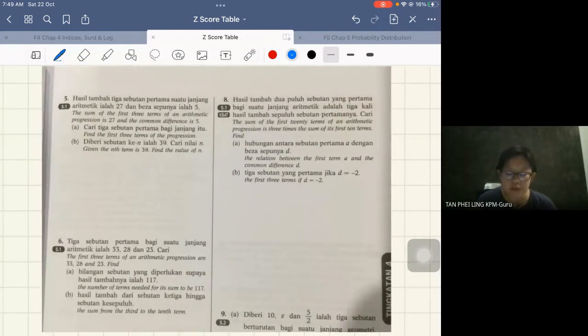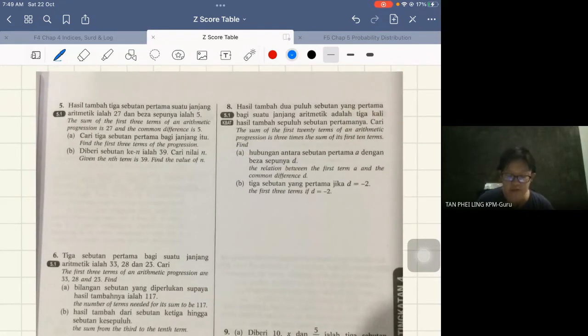Question number 5 says that the sum of the first three terms, they give you the sum now. The sum of the first three terms of an AP is 27 and the common difference is 5. They ask you to find the first three terms of the progression, and then given that the nth term is 39, find the value of n.